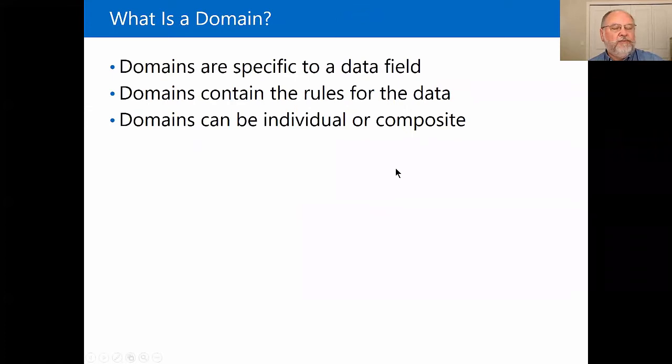So we need to define a couple of terms. A domain. When you deal with DQS, you're going to use the term domain quite a bit. Think of it as a column. Generally speaking, and it's not the same thing, but it's pretty close, a domain and a column are the same. An entity and a row are the same thing. When I say same thing, I shouldn't say that.